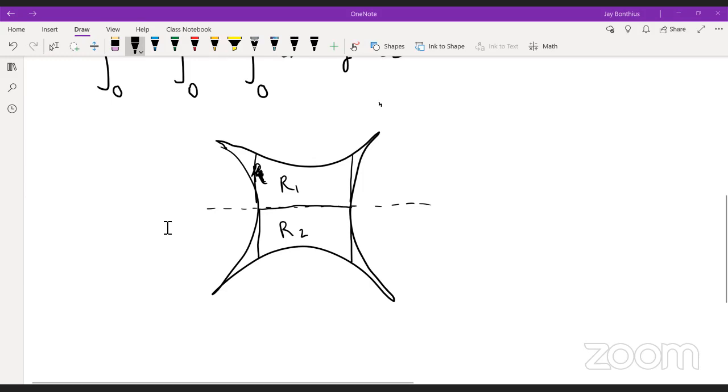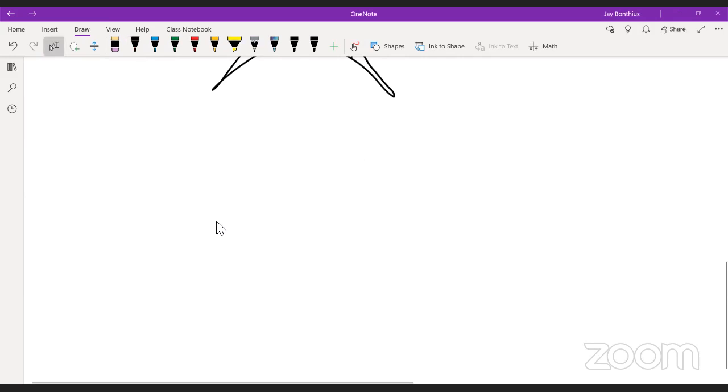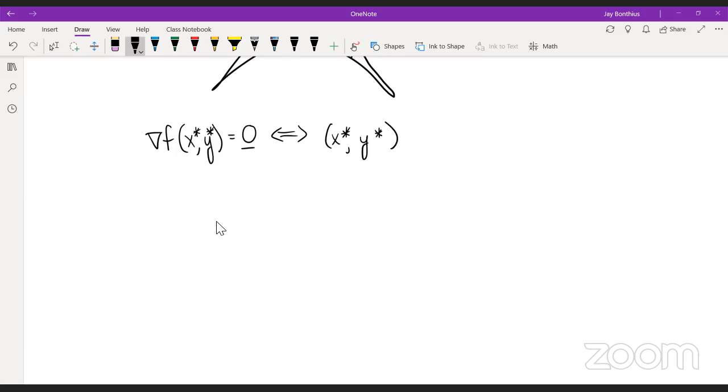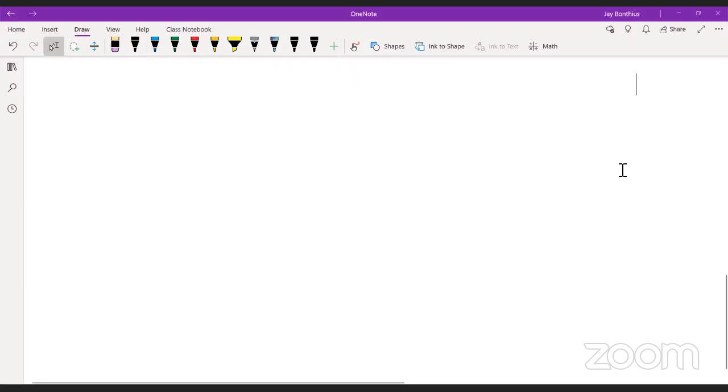If the gradient of f at (x star, y star) equals 0, then that means (x star, y star) is a critical point. That's the critical point, not the coordinates of the gradient. Good question.